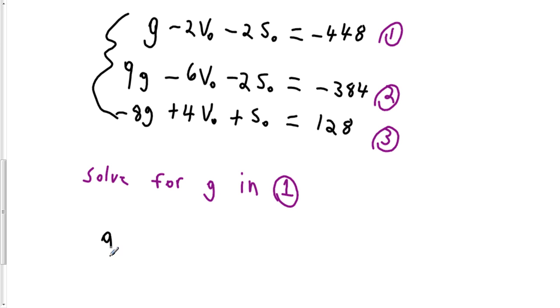So I'll get g is equal to 2v naught plus 2s naught minus 448, which was already there. So this is the value for g. On the right hand side, I have an expression that I can replace all the g's in the other equations with. So let's go ahead and do that.